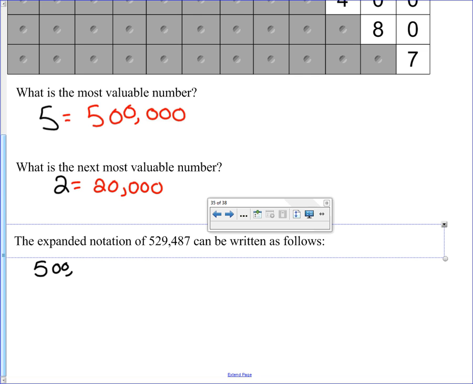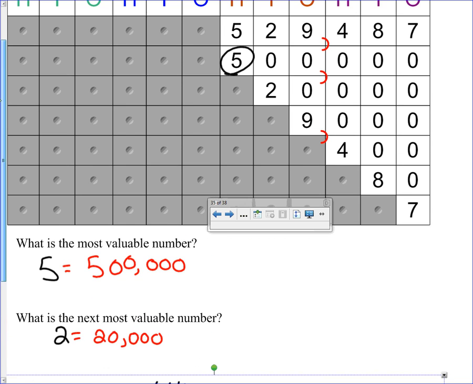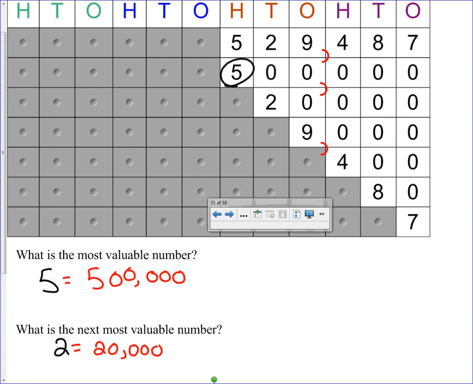So 500,000 plus 20,000 plus 9,000 plus 400 plus 80 plus 7. So if you look, what I did is I just copied my number with all the zeros and added them down.